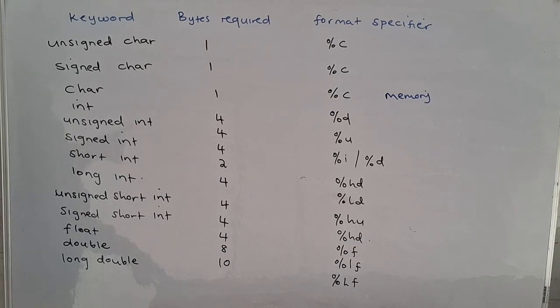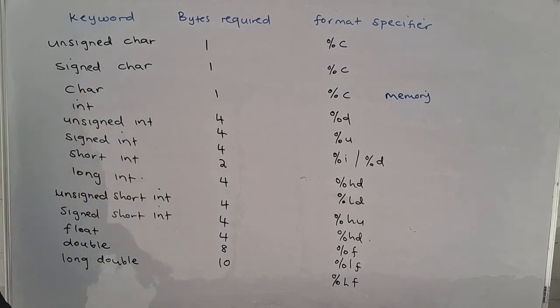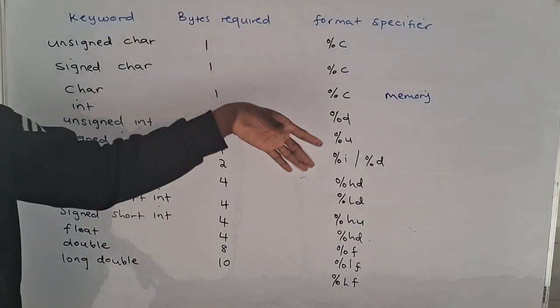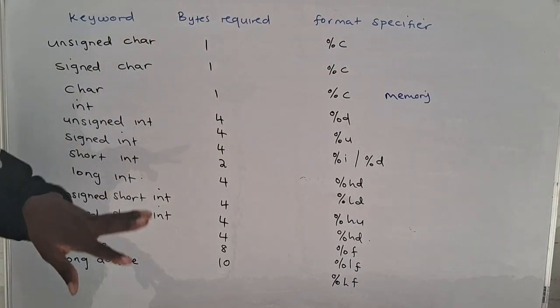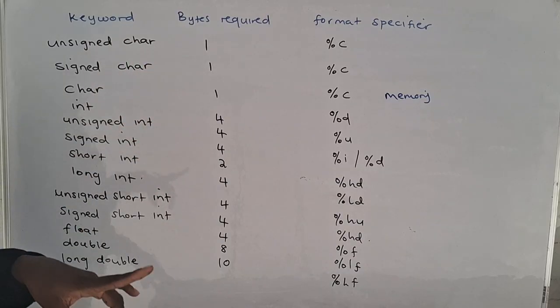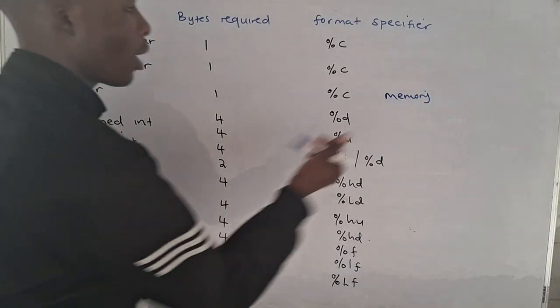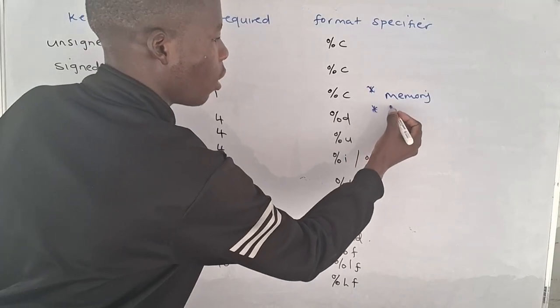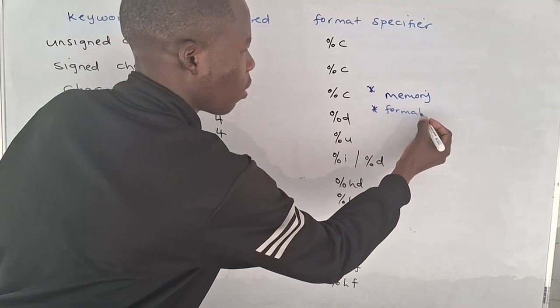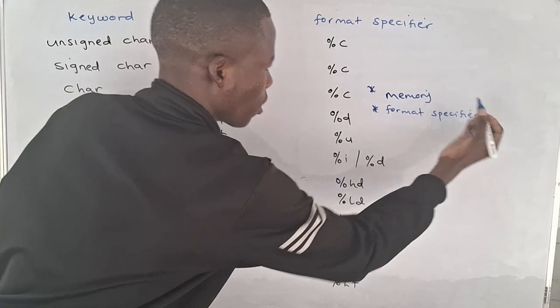Number two, if you want to print an integer, there is a format specifier that you are supposed to follow. If you want to print a character, there is a format specifier that you are supposed to follow. These are the things we want to focus on: memory and format specifiers.